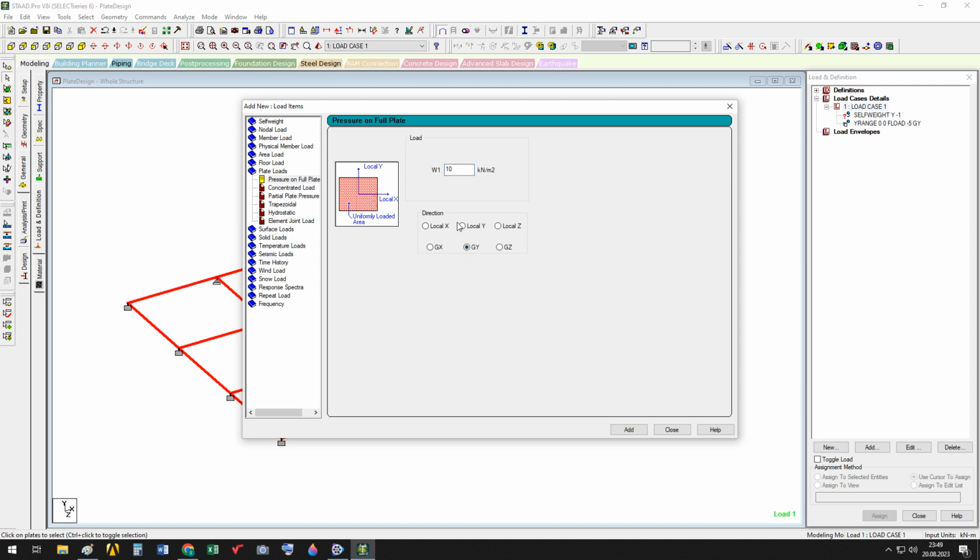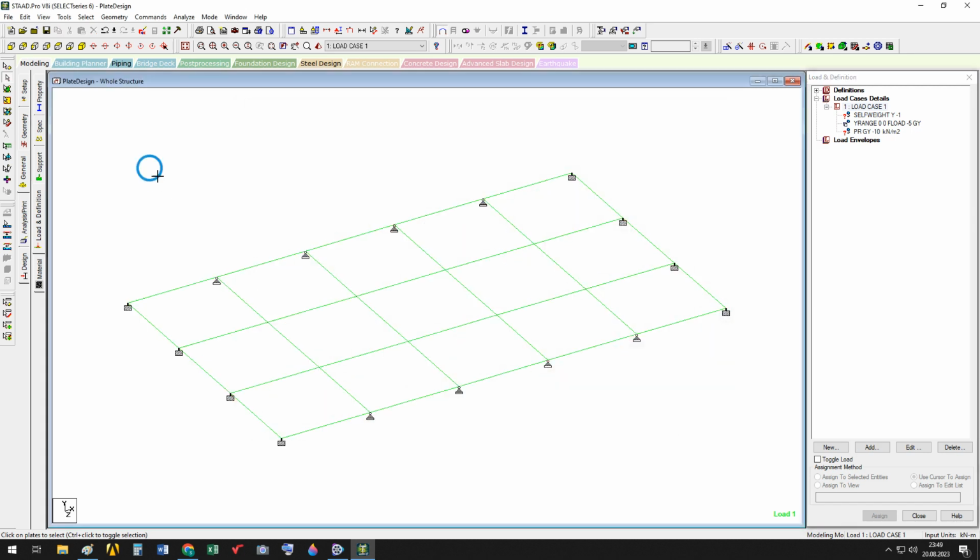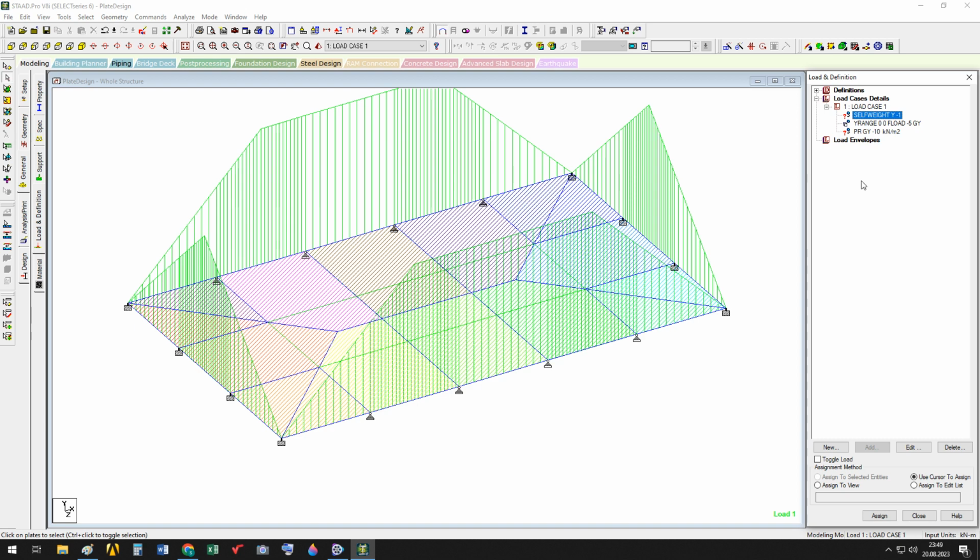But I prefer to use the global y-axis and put a negative sign here. And click on add. Okay. Now self-weight. I want to assign self-weight to all members, plate elements and also beam elements.